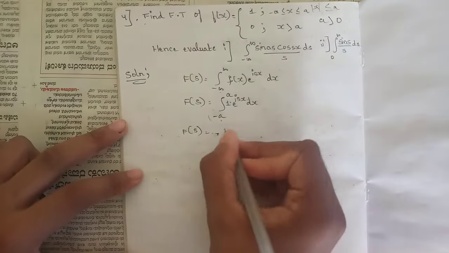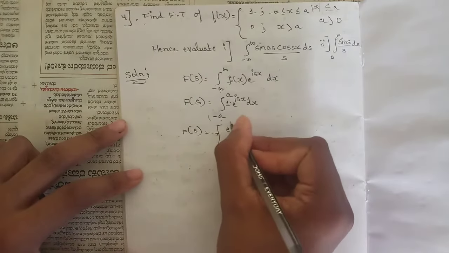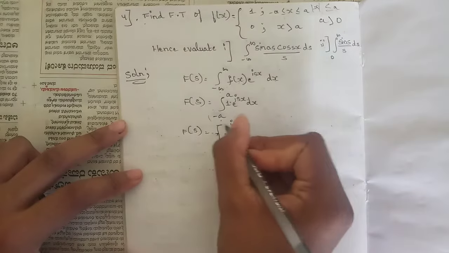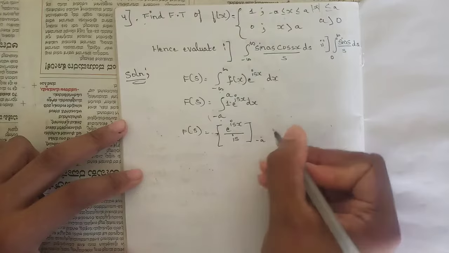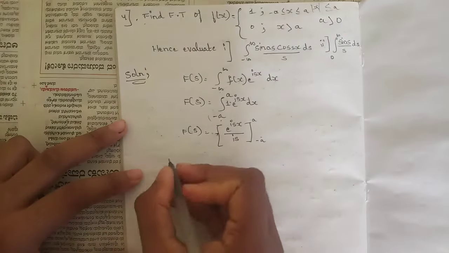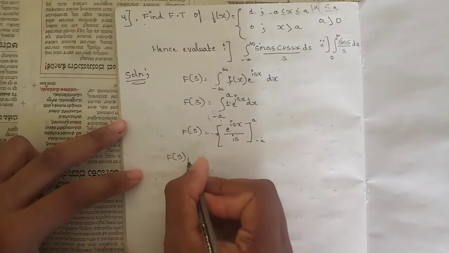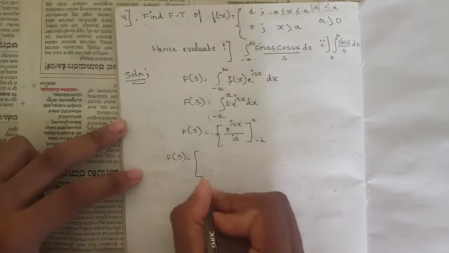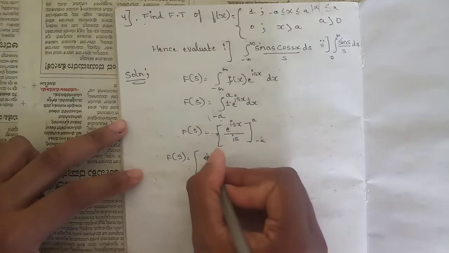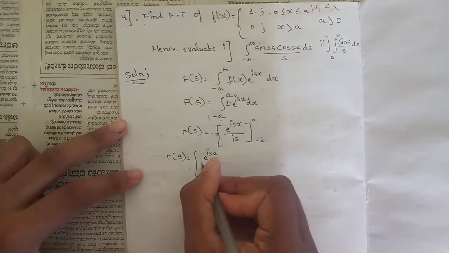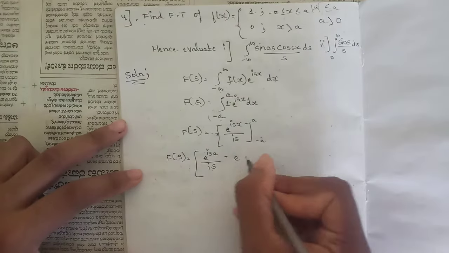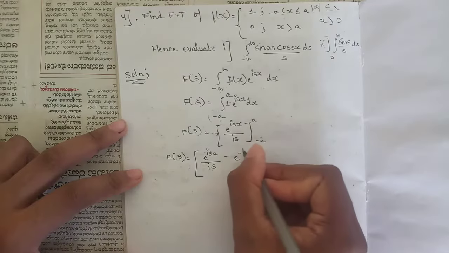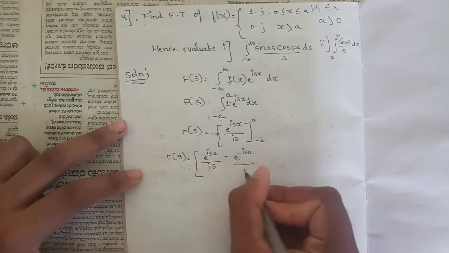Now we need to integrate this function, that is e power isx divided by the coefficient of x here, which is is, and the limits are from minus a to a. F of s is equal to, substituting the limits, e power is into a by is minus e power minus is into a by is.